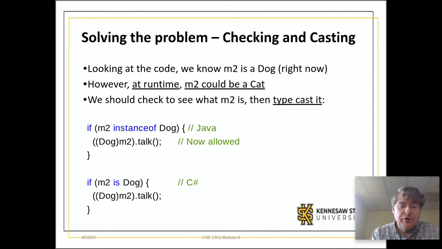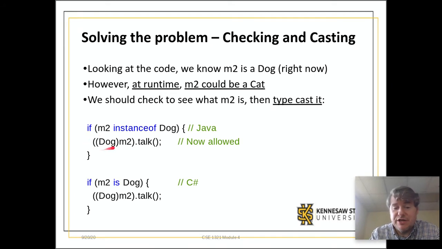So that's what's going on over here. So m2, which is the name of my variable, which is declared as a mammal, is being cast to a dog, and then the resulting thing is being asked to talk. So it is calling the method talk on the resulting m2 cast to a dog. There's a little bit of if statement above this, and you'll see why. The if statement is not important for right now.